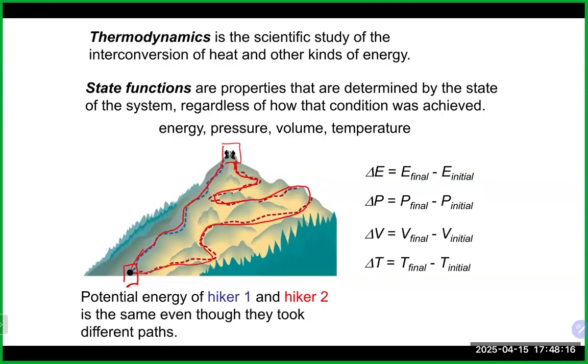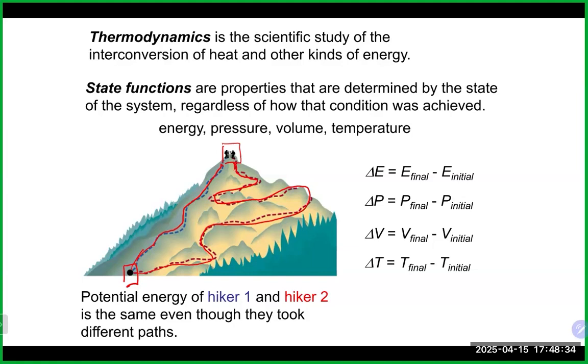Things like energy, pressure, volume, temperature are all state functions. Really, the only two important things are where you start and where you finish. That's why a lot of times we take our final minus our initial in terms of volume, energy, and pressure.